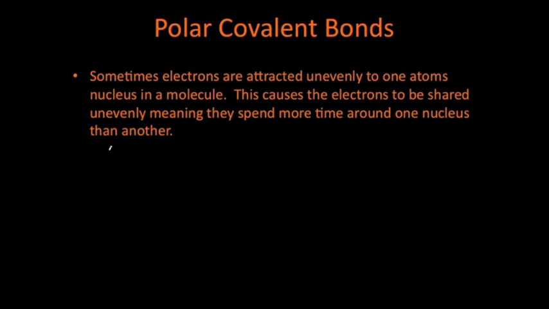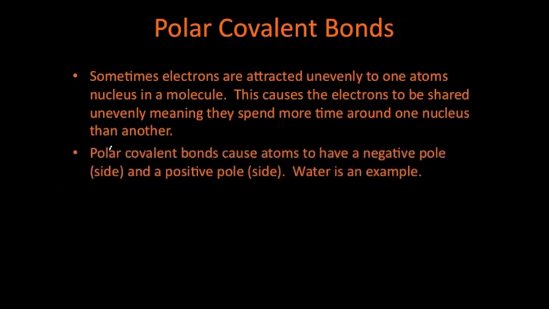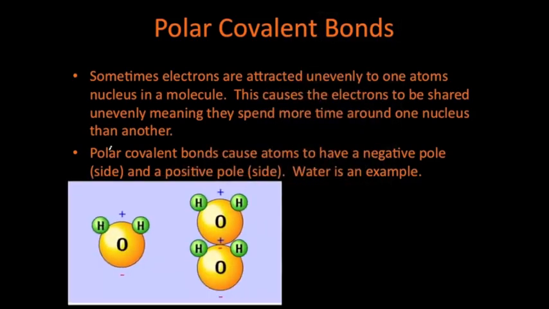They spend an uneven amount of time around that nucleus, which means that end is going to have a more negative charge because there are more electrons on one side of the molecule than the other. So polar covalent bonds cause atoms to have a negative pole, or a negative side, and a positive pole, or a positive side. Water is an example.